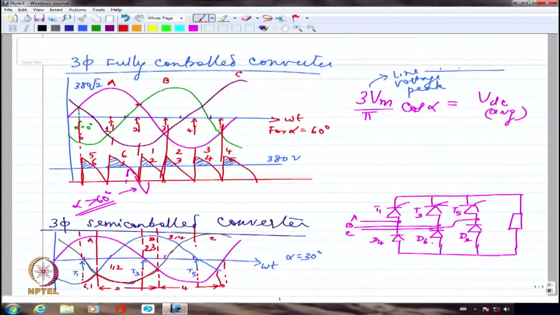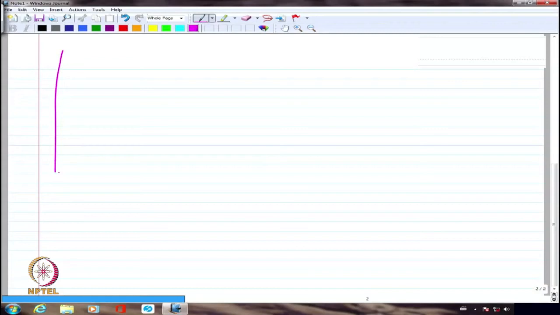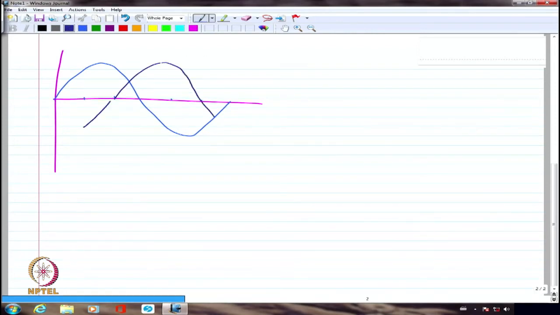Let me again redraw the waveform here so that we will be able to draw completely the line currents and so on. So this is one of the phases, this is the second phase, and this is going to be the third phase.